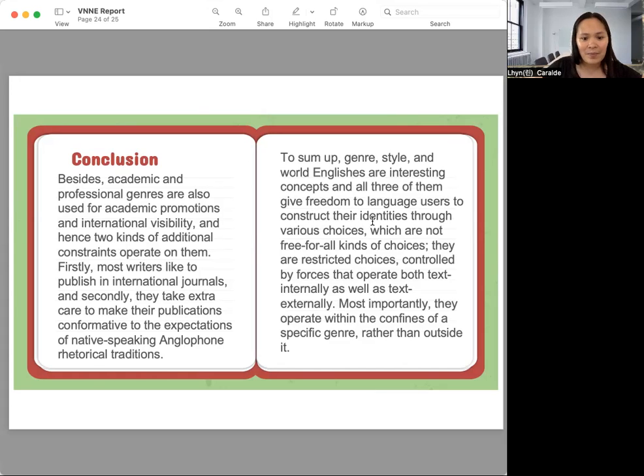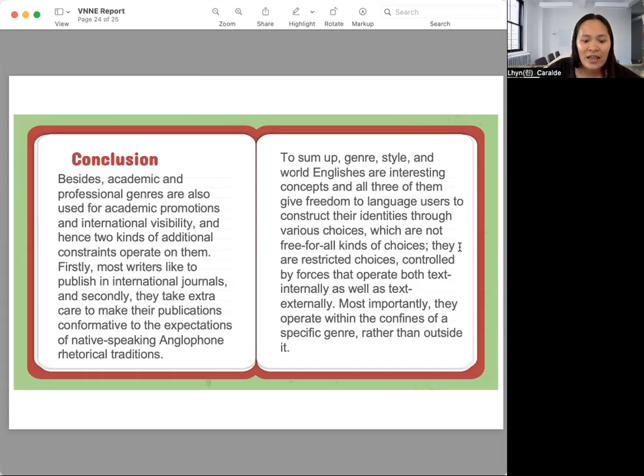To sum up, genre, style, and world Englishes are interesting concepts, and all three of them give freedom to language users to construct their identities through their various choices, which are not free for all kinds of choices. They are restricted choices controlled by forces that operate both text-internally as well as text-externally.